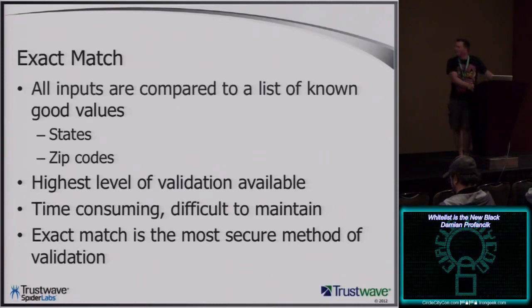But yeah, Puerto Rico. Zip codes. Things that have finite values. You can enumerate all of those, and you can just put them in and check against that list. That's the highest level of validation. But again, it can be time-consuming and difficult to maintain, but it is the most secure approach.